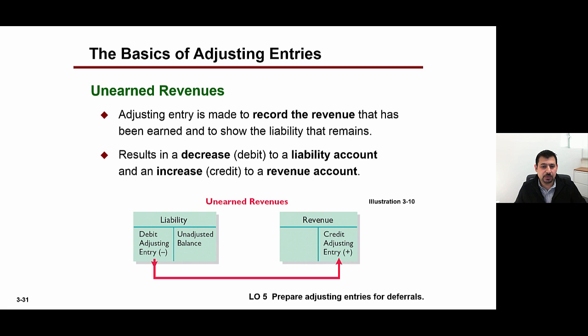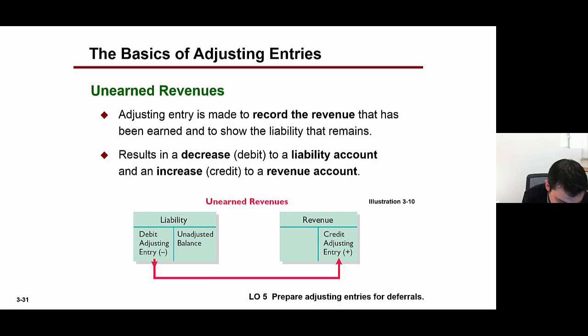Because when we made the original entry, the trial balance before adjustment includes the information of the original entry, and that would say that they had, for the example of the magazines, the full year, 12 volumes as liability. But let's say during that accounting period, the company delivered one volume.